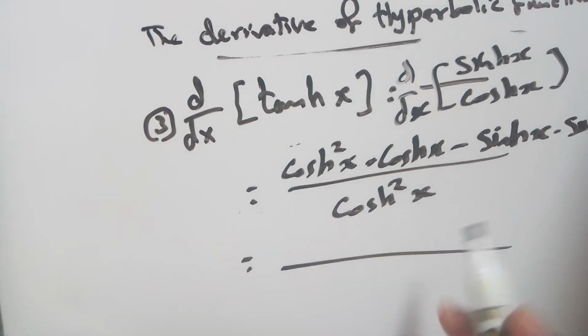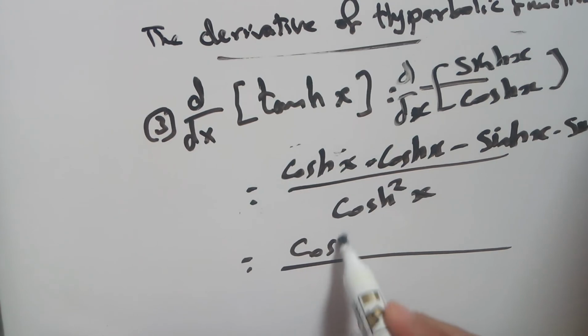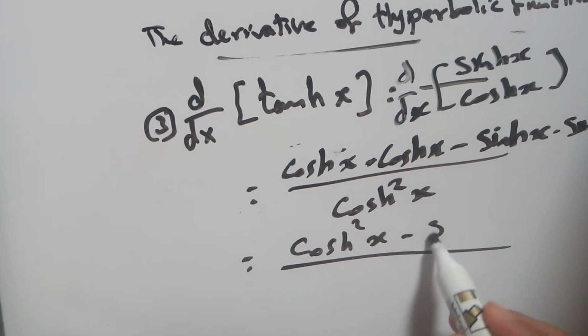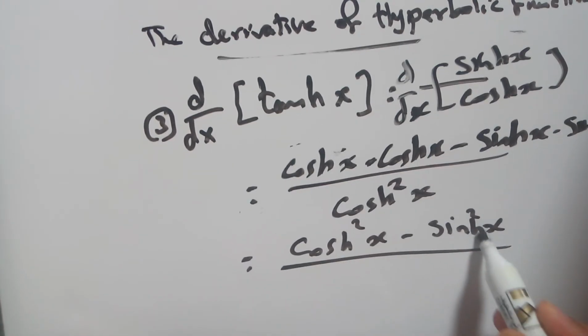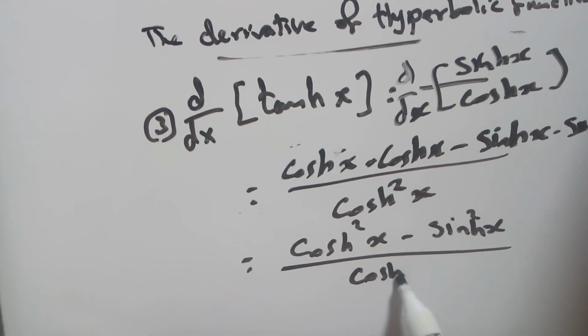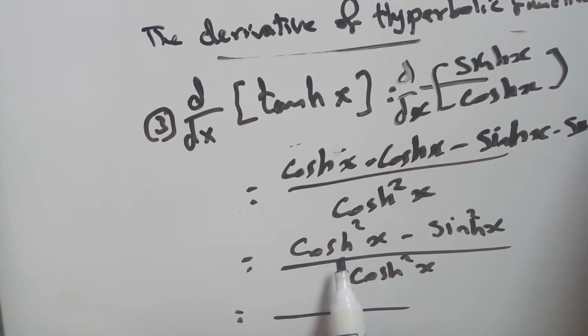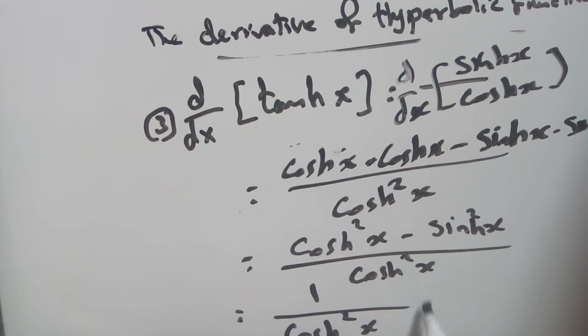Now it is hyperbolic cosine squared x minus hyperbolic sine squared x divided by hyperbolic cosine squared x. Now hyperbolic cosine squared minus hyperbolic sine squared is 1, so it is 1 over hyperbolic cosine squared x, which is hyperbolic secant squared x.